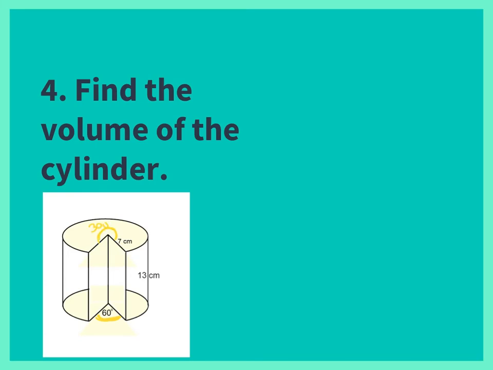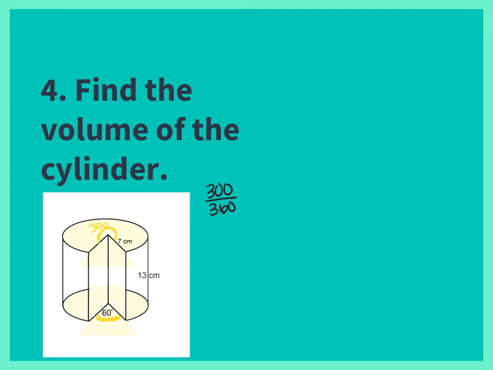So you're actually going to use the same idea as when we were looking at a sector and we were thinking about it as a piece of pizza, that slice taken out. We want to figure out what part we do have. So we are going to take 300 out of 360 total degrees because that's what we want. This is going to give us the section of this cylinder that we want.